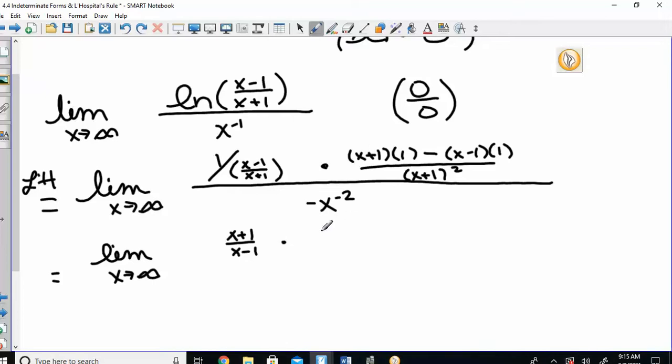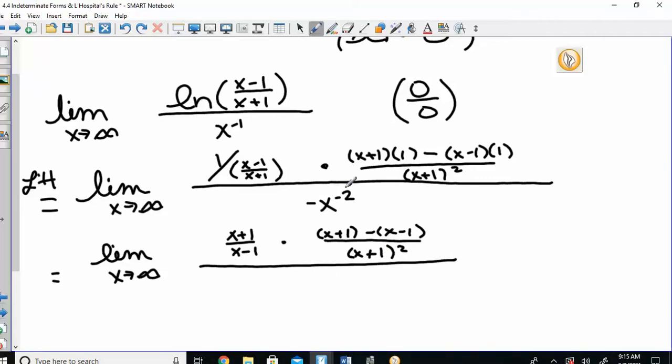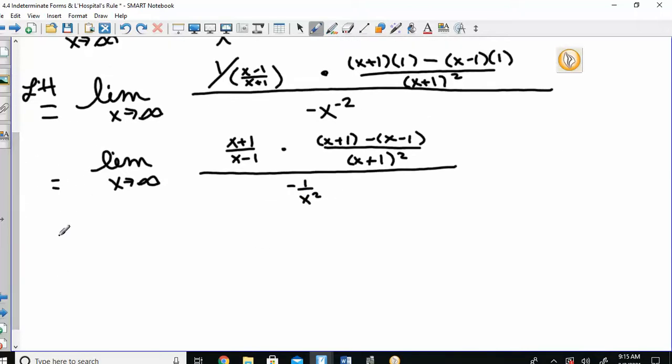Okay, over here, if I clean that up, that gives me x plus 1 minus x minus 1 over x plus 1 squared over, you could go ahead and move that to the top. If you need to see a little more, that's like negative 1 over x squared. Okay, we're working on cleaning this up.